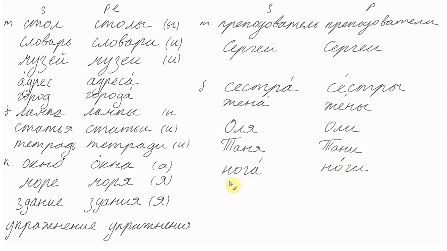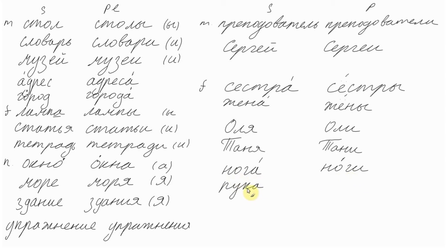Let's use this pattern. Рука. Рука is hand. It is alive, so it's a part of the body. It ends in а. Which pattern would you use? Surely the same.